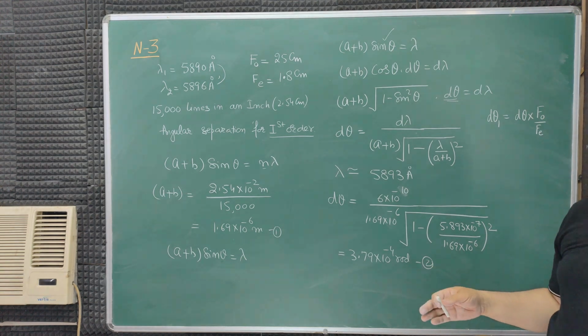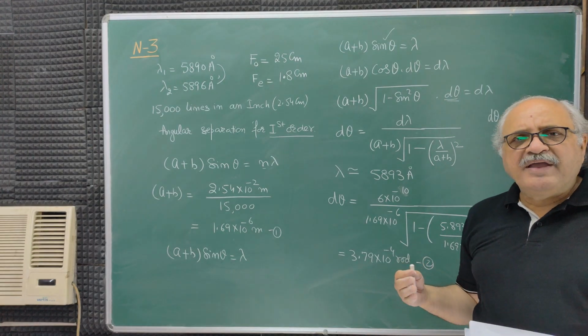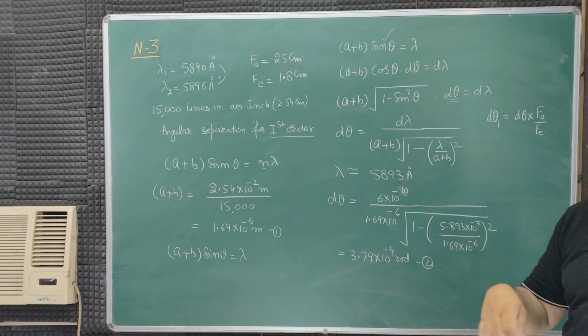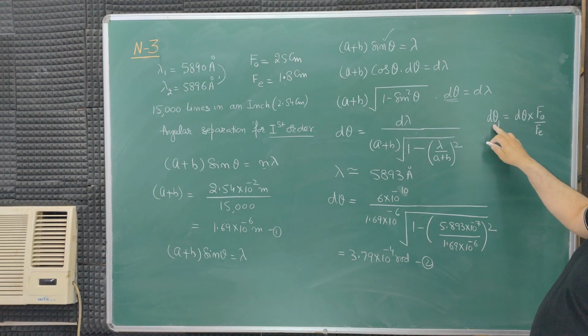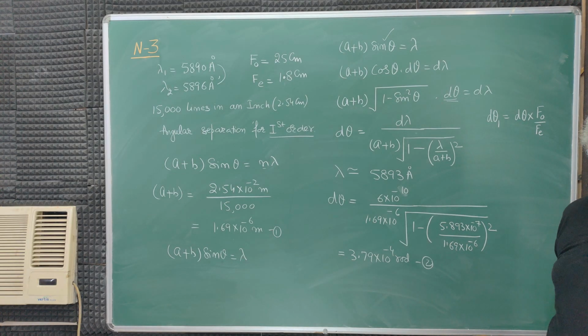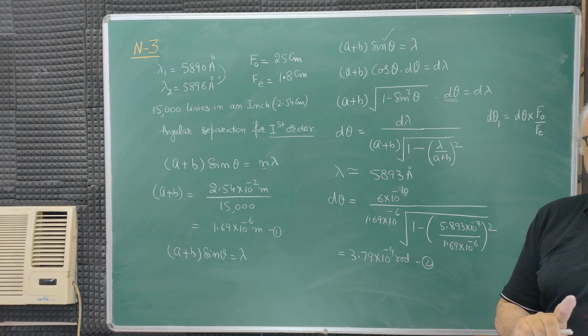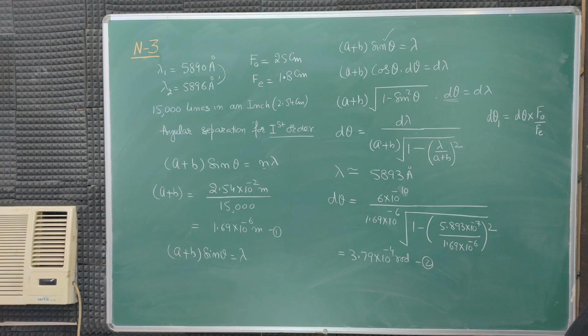This formula we get from the magnifying power of the telescope. Magnifying power, that is the image angular width divided by the object angular width, equals the focal length of the objective over the focal length of the eyepiece. But this is for normal adjustment, which we have to keep in mind.